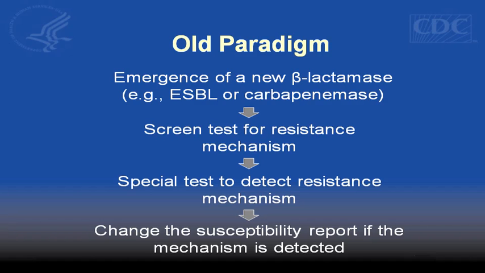And then to have a special phenotypic test to detect the mechanism of resistance, and that's why we had the ESBL test and the Hodge test for the carbapenemase producers.